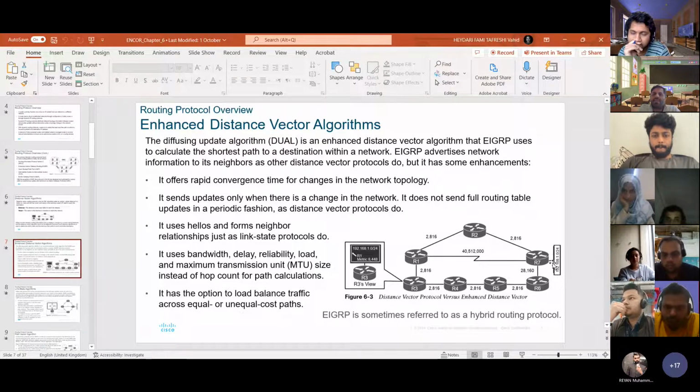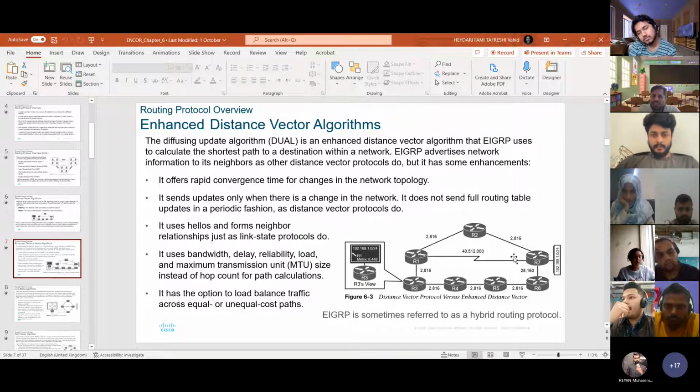But how long does it take for all these routers to reach a consistent view over this subnet? Basically, how long does it take for everyone to know about this guy? That time is defined as convergence time.